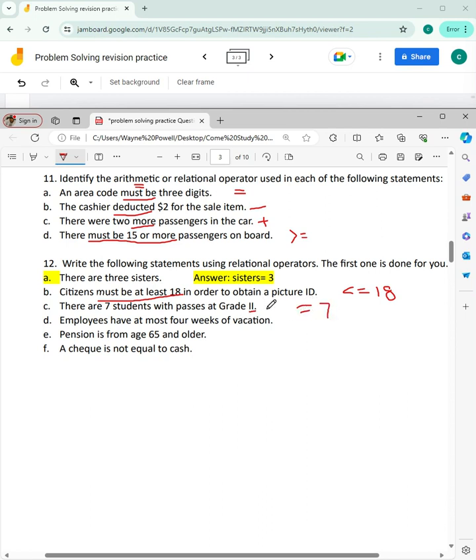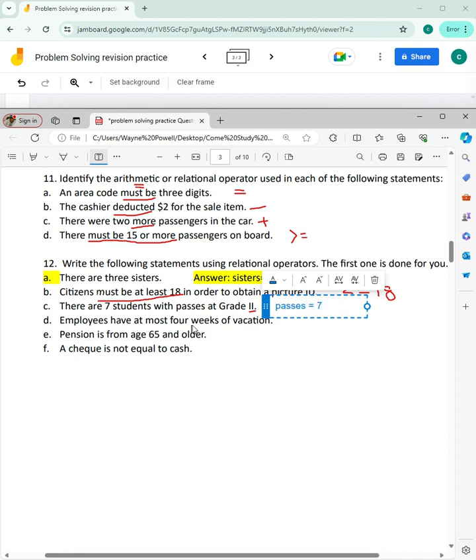And we're going to call that variable, we could call it passes, we could call it students. I would say passes. Forgive me. Let me fix that. Let me use the text box. So passes equal to 7.